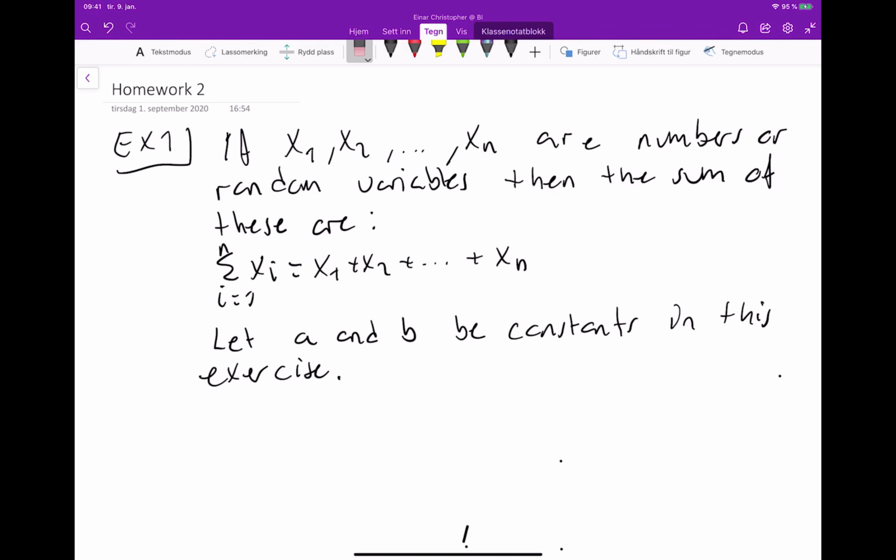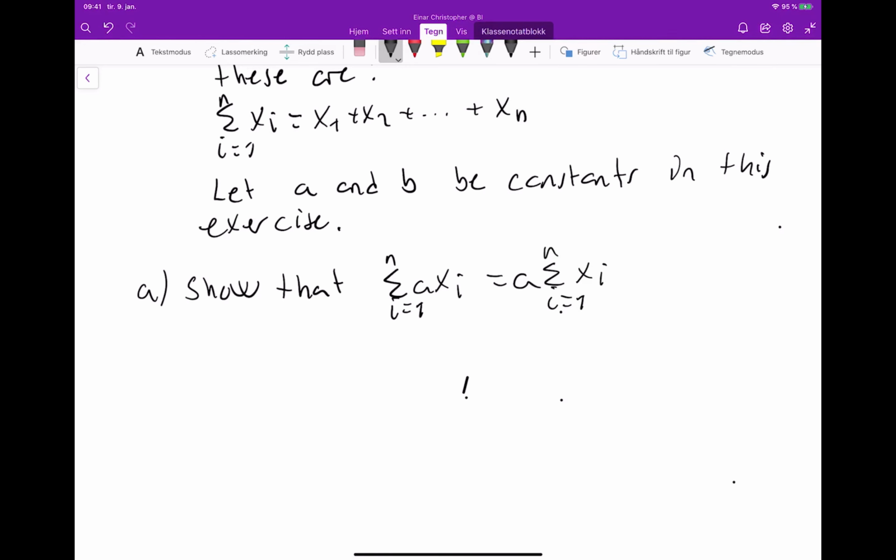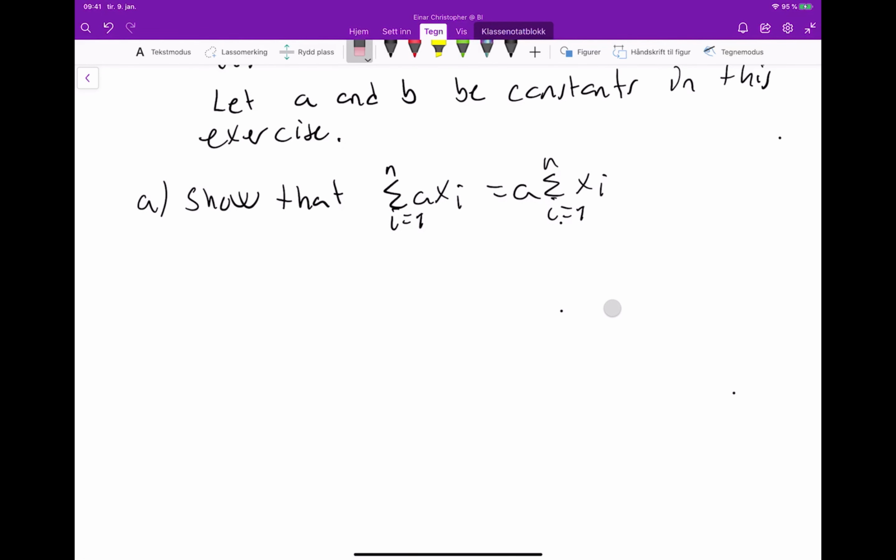Okay. A. Show that the sum from i equal 1 to n of axi is equal to a times the sum from i equal 1 to n of xi. Okay, we have to show this. We have to start with what we get, and what we get is this: the sum from i equal 1 to n of axi.